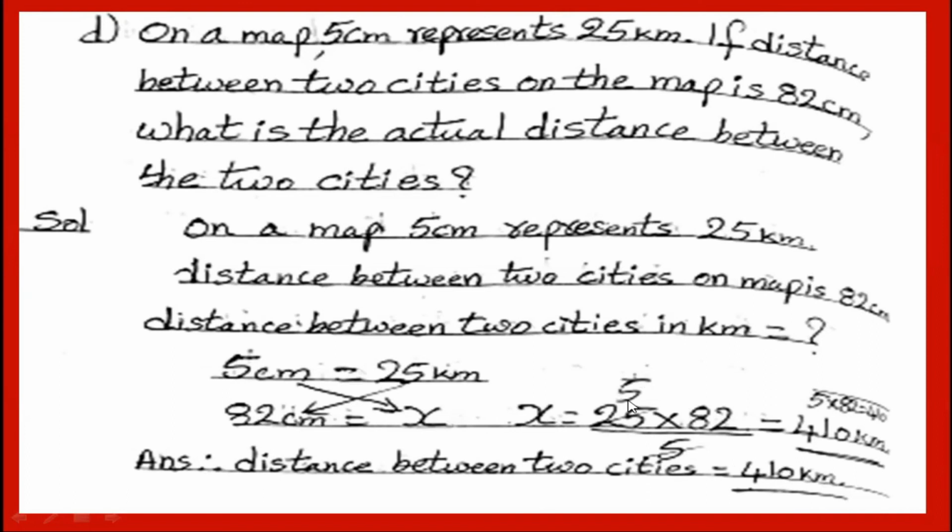So write 5 on the top of 25 and cancel the numerator 25 and the denominator 5. Now here 5 remains. So 5 into 82 is equal to 410. Distance between two cities is equal to 410 kilometers.